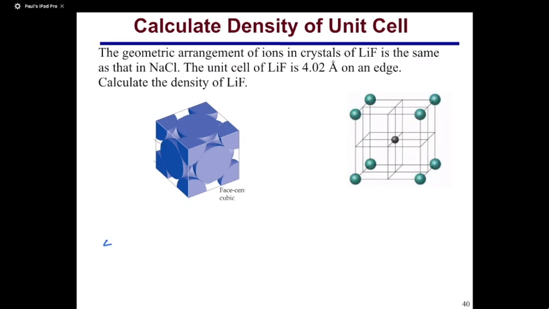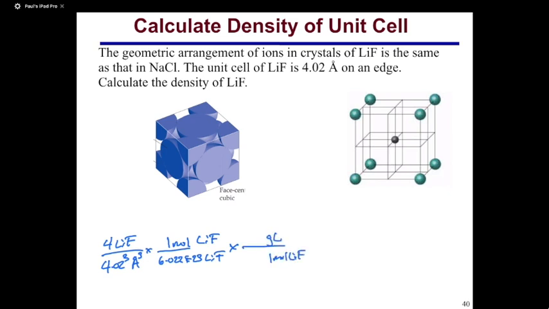Okay, 4 lithium fluorides in 4.2 cubed angstroms. 6.022 e to the 23rd lithium fluorides is 1 mole of lithium fluoride. And 1 mole of lithium fluoride is so many grams of lithium fluoride. If I remember, 25.939 is 1. Check this out.